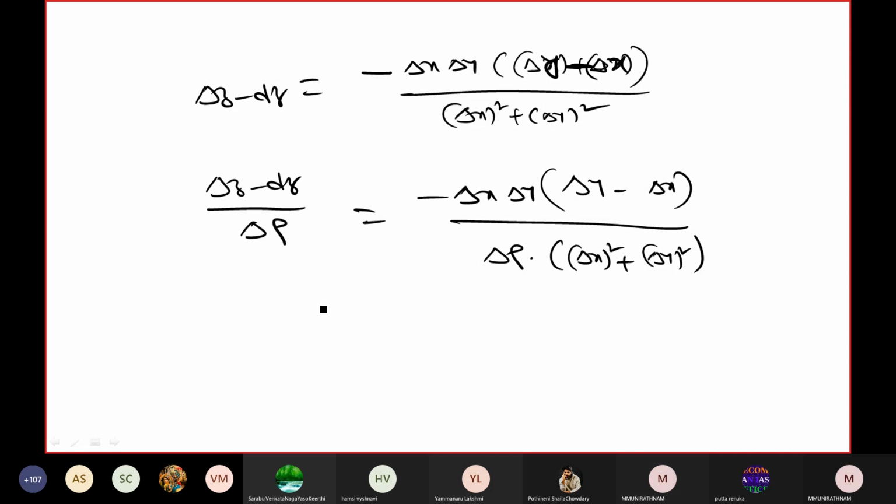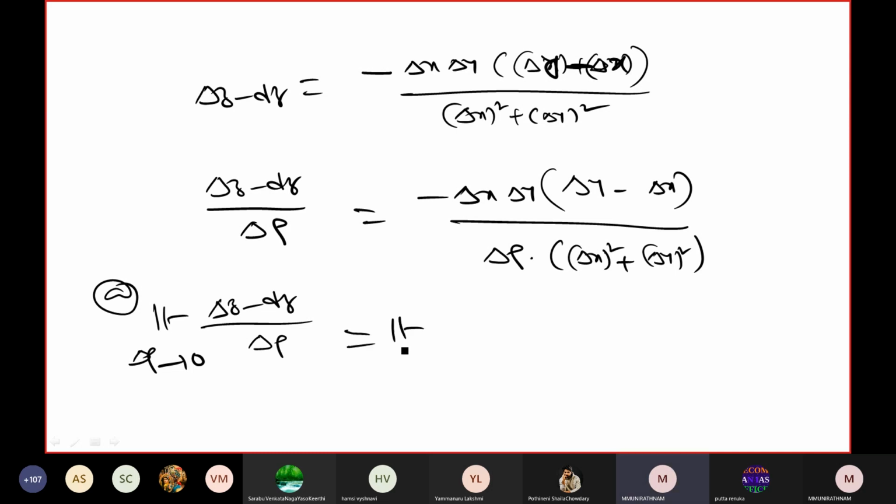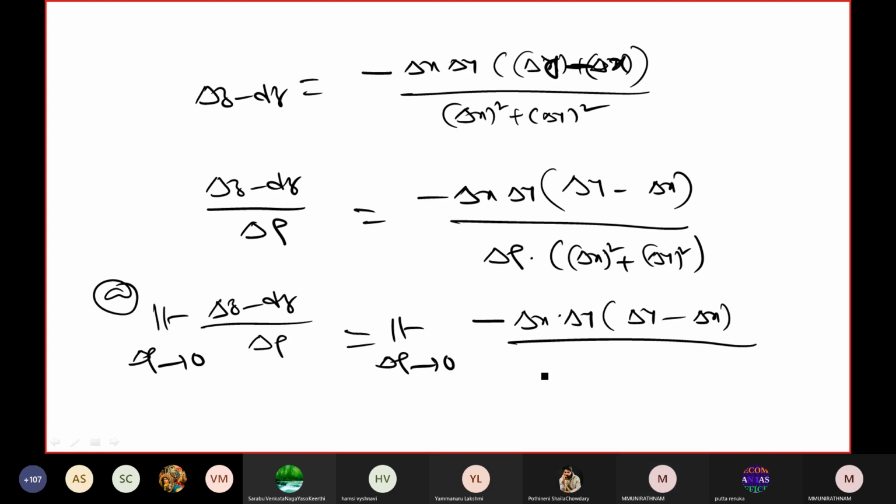In the first method, I will find the limit as delta rho tends to 0 of delta z minus dz by delta rho. Delta rho means root of delta x whole square plus delta y whole square.